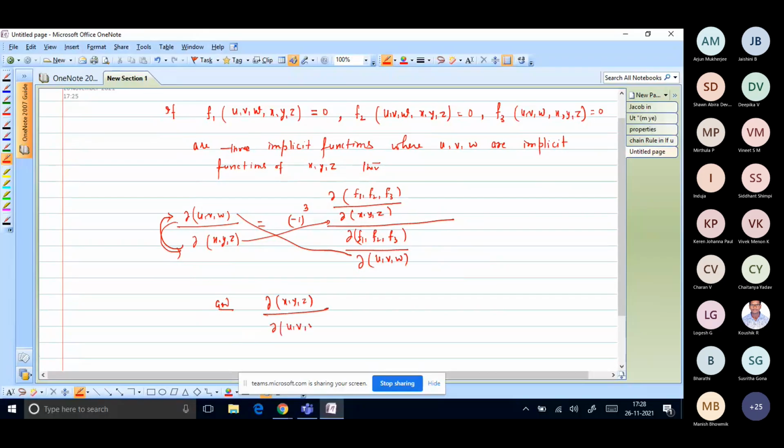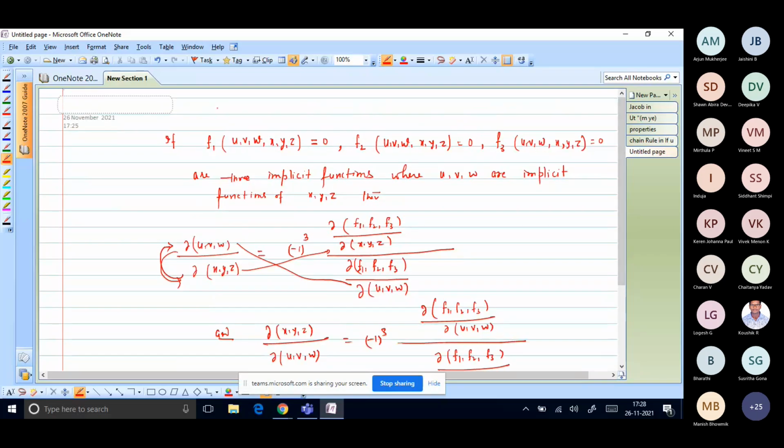Then in this case I will get the Jacobian of f1, f2, f3 with respect to u, v, w whole divided by the Jacobian of f1, f2, f3 with respect to x, y, z. This is what we call Jacobian or partial differentiation of implicit functions.